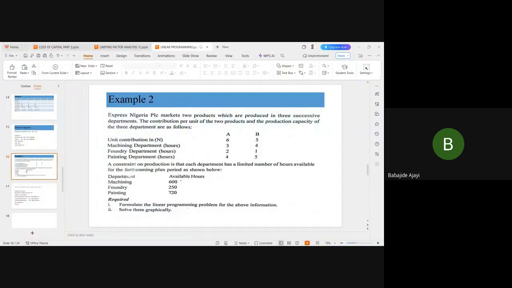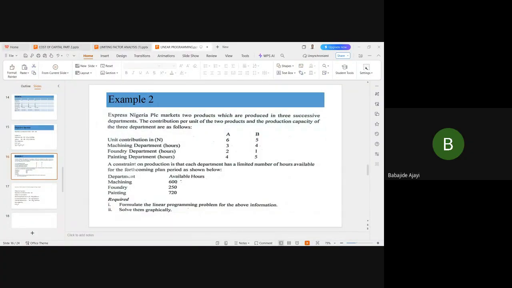In this case, we have just labor, but that limiting factor of labor is now spread across the three different departments. So how can we describe this situation? Can we still say that we have more than one limiting factor? Yes, looking at it at the departmental level.